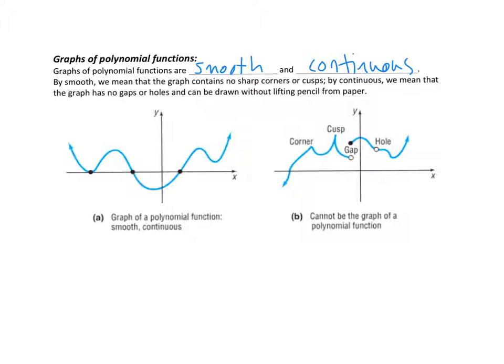So the figure on the left is an example of what a polynomial function might look like. The figure on the right is not a polynomial function because it's got some sharp corners, a cusp, and it breaks apart and has a hole. So that would not be a polynomial function.